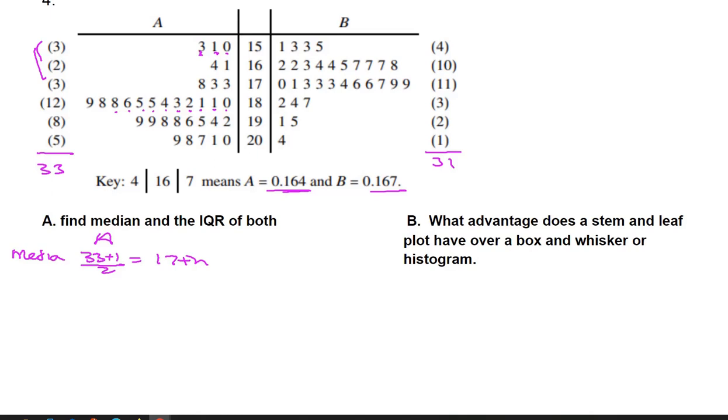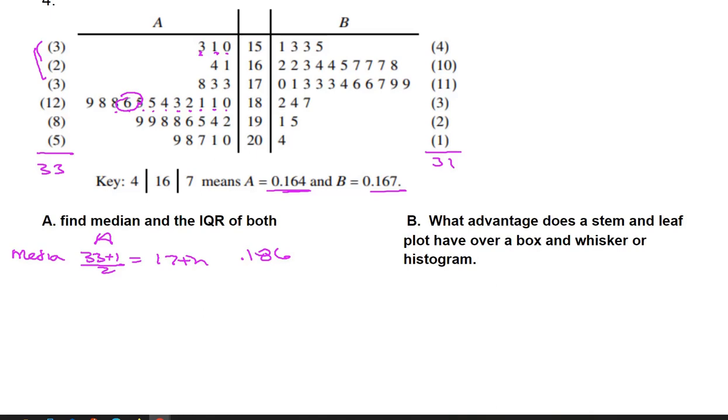Oops, sorry, I want 17. So that means this one right here is the 17th piece of data, and that number is going to be 0.186.